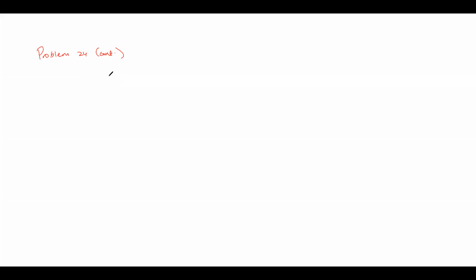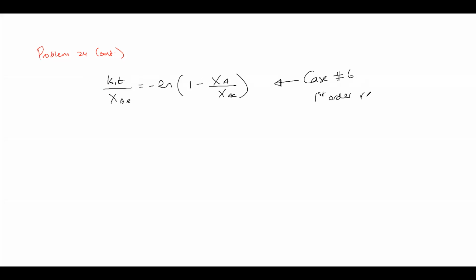So I know k1 t over XAE is equal to minus ln 1 minus XA over XAE. If you're wondering where I got this from, this is for case number 6, which is first order reversible reaction, right? This is the performance equation for that case, okay?